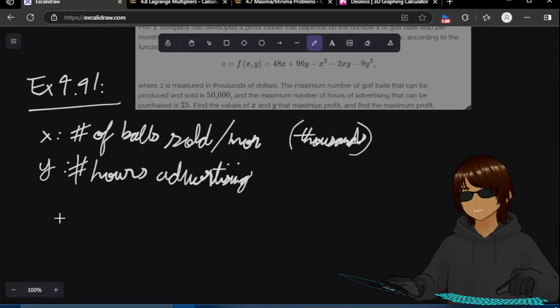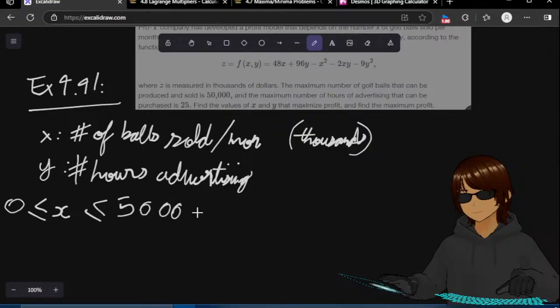Okay, let's see. So x is this, y is this.